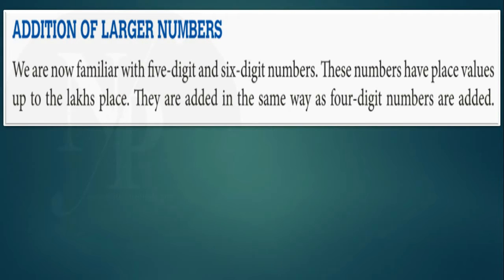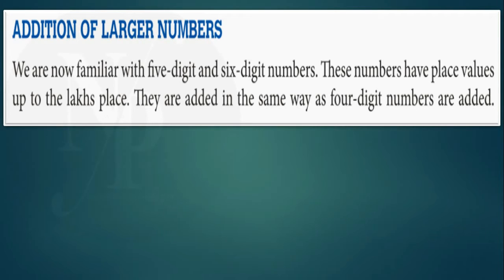We are now familiar with 5 digit and 6 digit numbers. These numbers have place values up to the lakhs place. They are added in the same way as 4 digit numbers are added.